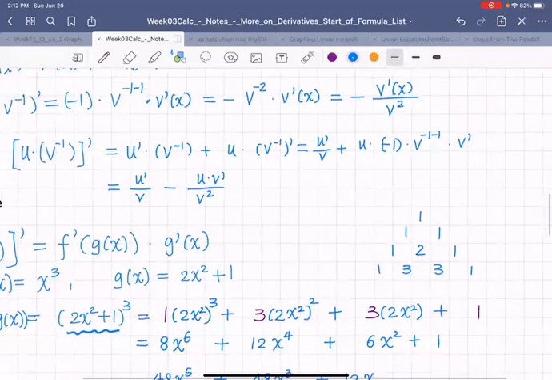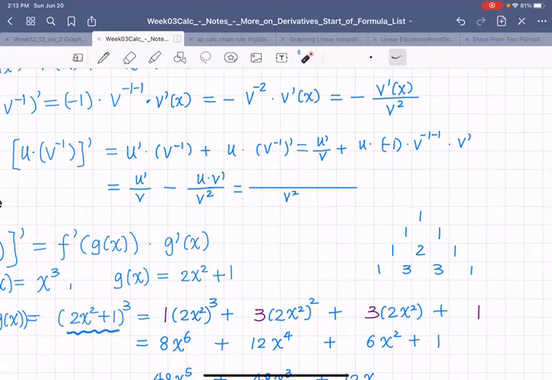Let's change everything to the same common denominator. How much is the denominator? V squared, correct. So that guy becomes u prime times v, and then minus u times v prime.